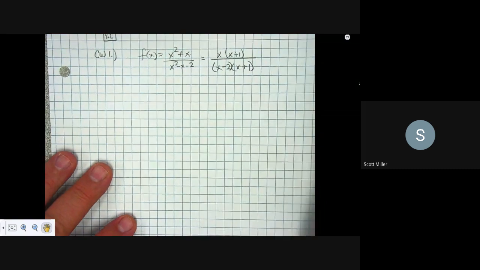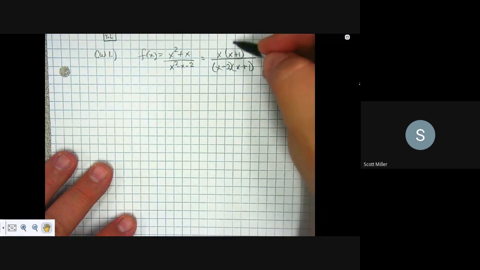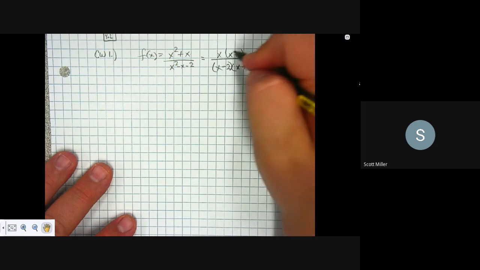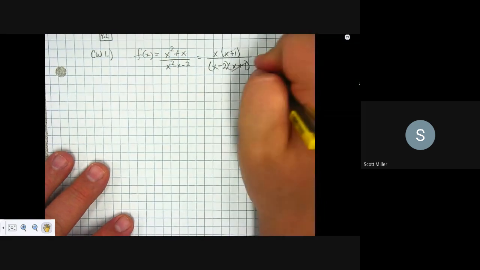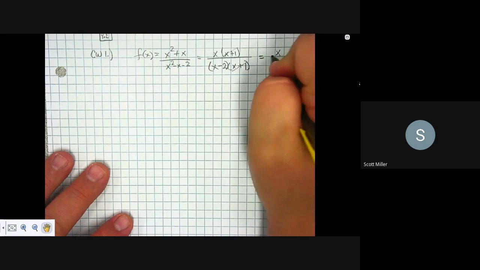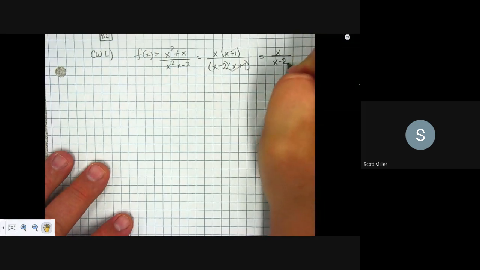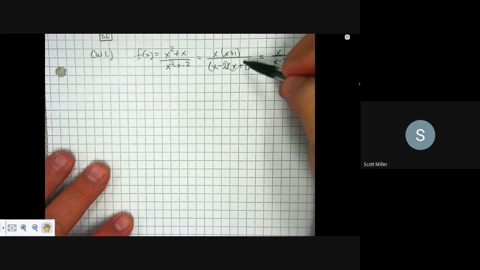And so what you notice here is that I have a common factor. Okay? When this occurs, you want to reduce this factor out. And this becomes then, this is how you write it, x over x minus 2, comma, and the 0 from this, what value of x makes that 0 is negative 1.